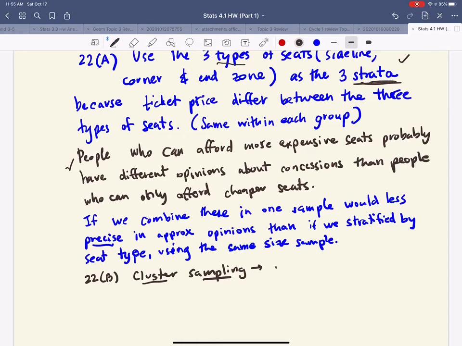Cluster sampling is more efficient, easier to administer, so that would be the benefit. It would be easier to take the sample and to hand out the surveys to the people in the numbered sections.